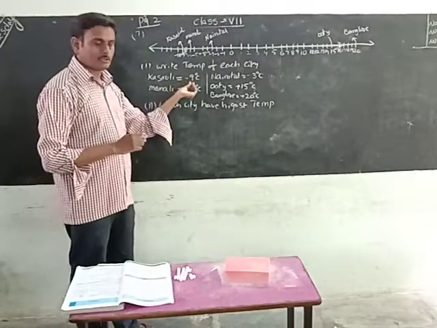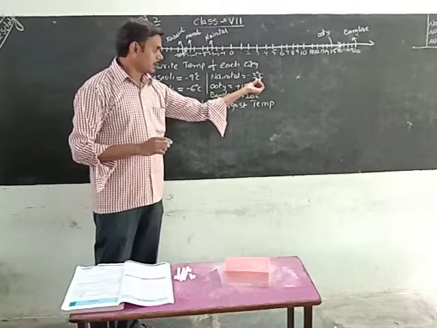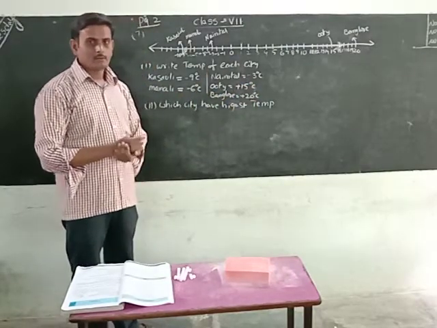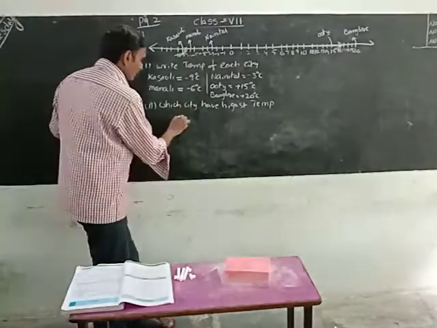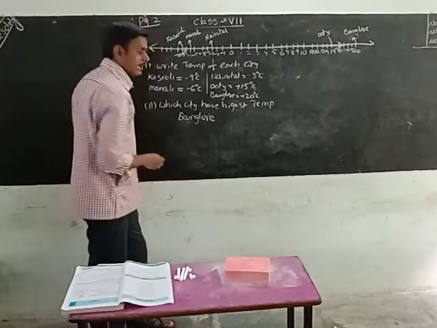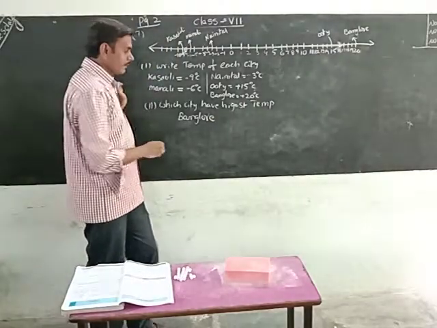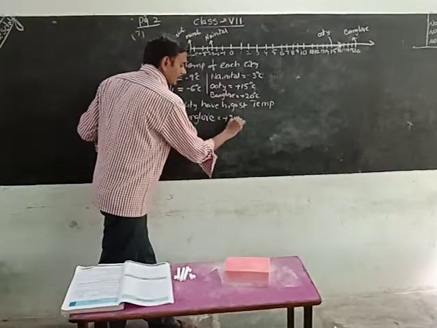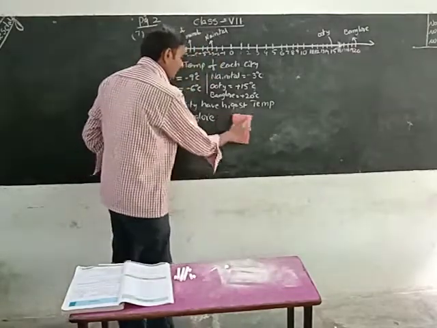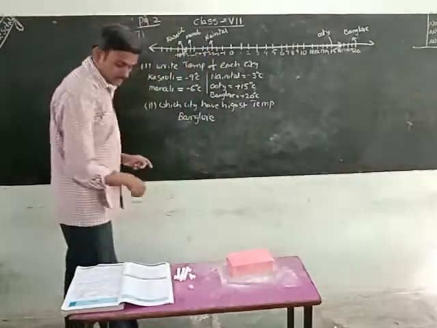This is -9. This is -6. -3, plus 15, plus 20. In this, which is bigger? 20 is bigger. So Bangalore is having the highest temperature because plus 20 degrees Celsius. No need to write this one. Bangalore you can write.